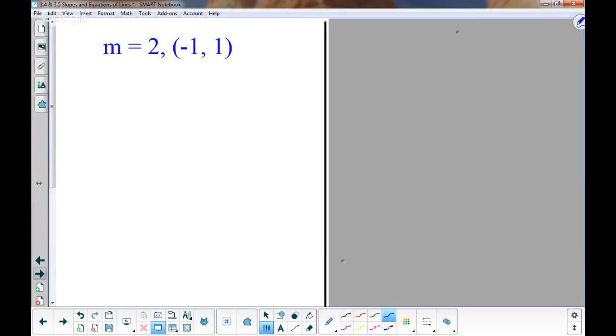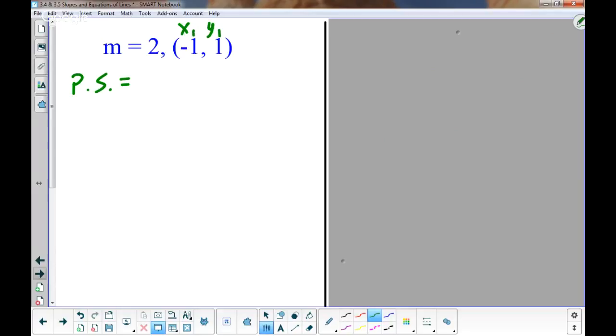So let's take a look at an example here. We get m is 2, and it goes through negative 1, 1. So what this is telling us is that we want to find the equation of a line where the slope is 2, and it goes through the point negative 1, 1. We're going to start, as always, in point slope form. I'm going to put PS for point slope. We have an m, here's my x1, and there's my y1.